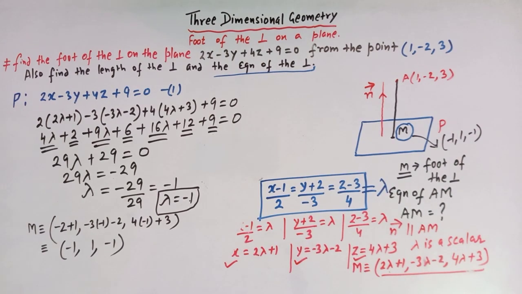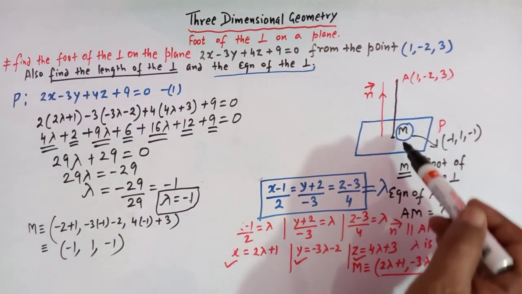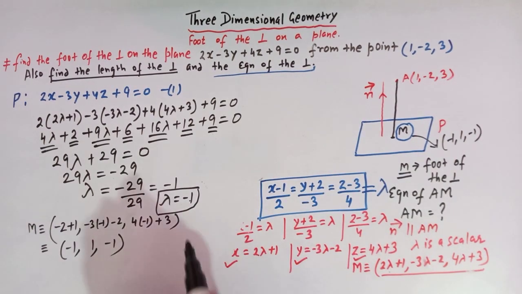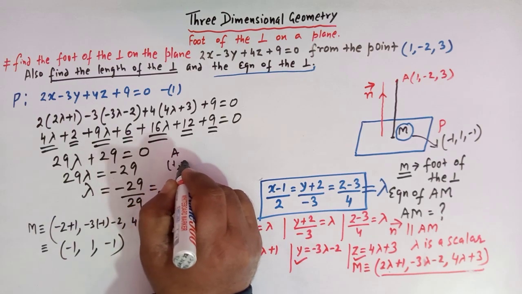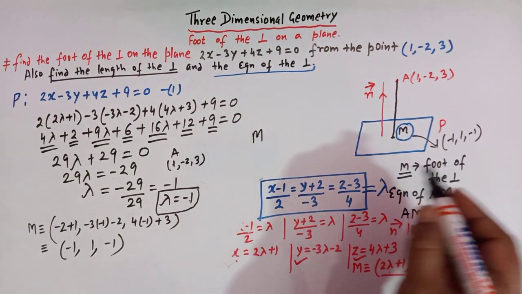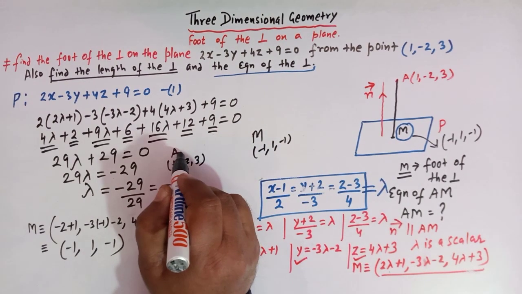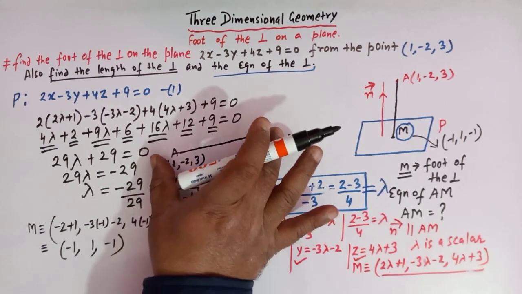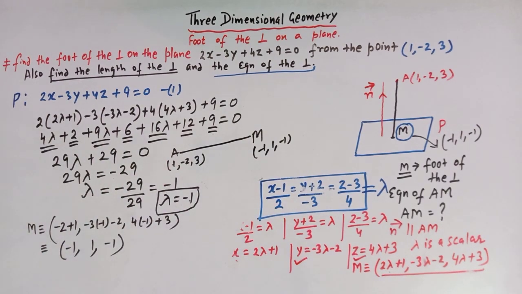Okay, so now we have to find the length of this perpendicular, right? Here we are given 2 points, A is (1, minus 2, 3), and M is (minus 1, 1, minus 1), right? Now we have to find the length AM. So here we'll use the distance formula in 3-dimensional geometry.